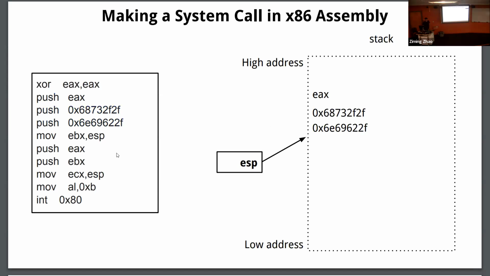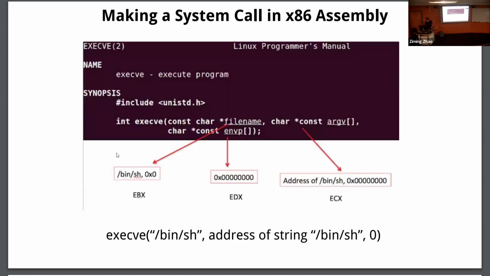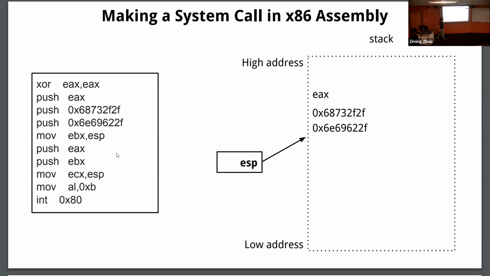After that, we're moving the value in ESP to EBX. Both of them are registers, right? So we are copying the value in ESP to the register EBX, which means EBX will also point to this address.